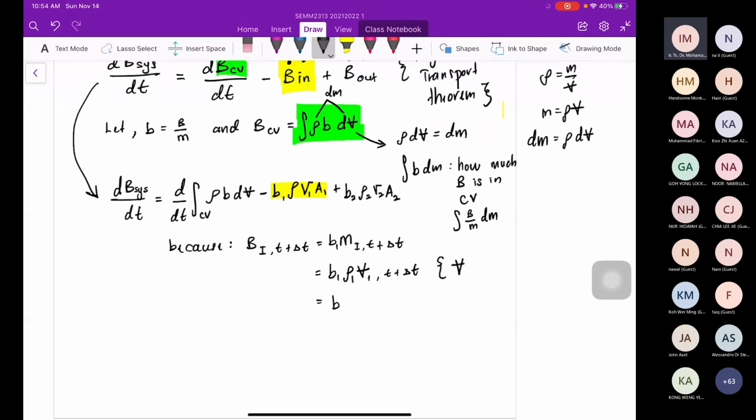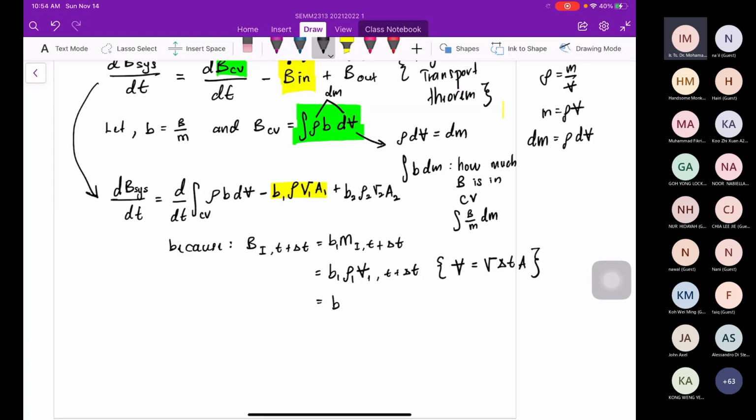The volume here is basically equal to the velocity multiplied with delta T multiplied with the area. Do you think the unit is the same?